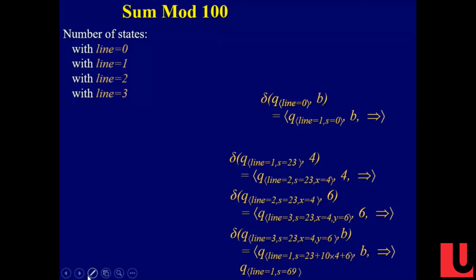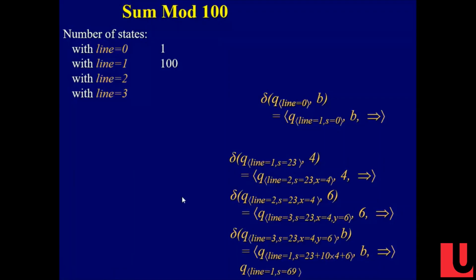But here, if we want to do it really precisely, we can ask, how many states are there that are line 0? 1. How many line 1s are there? What are our choices? All values of S. Line 1 has values of S, so there are 100 of them.